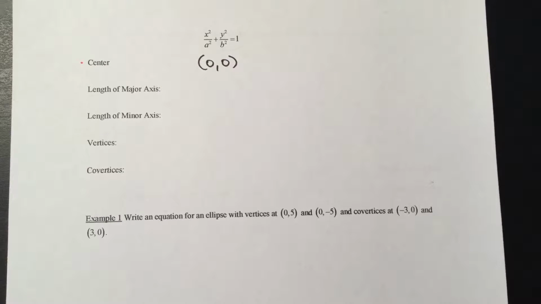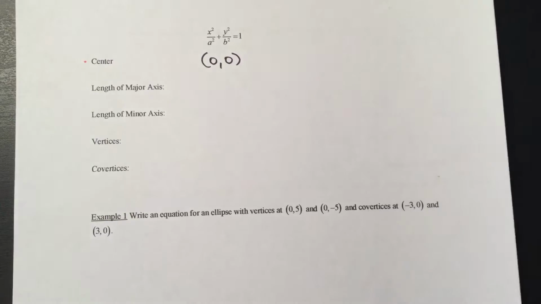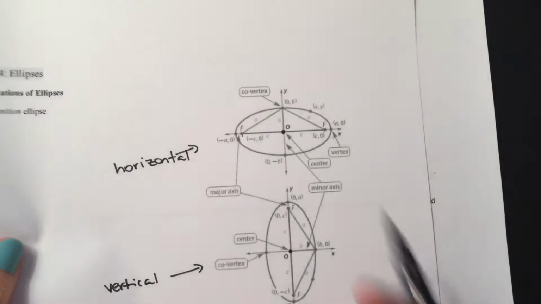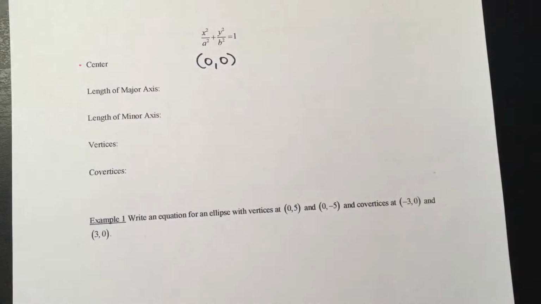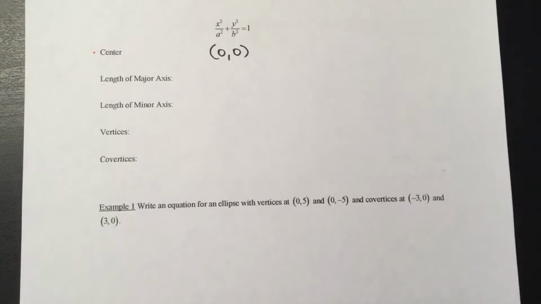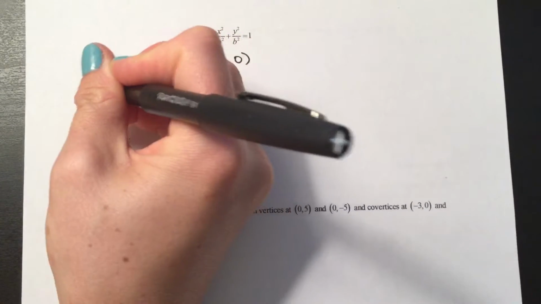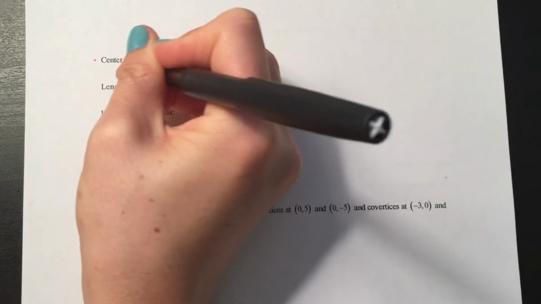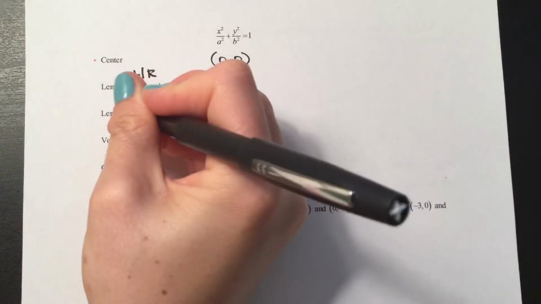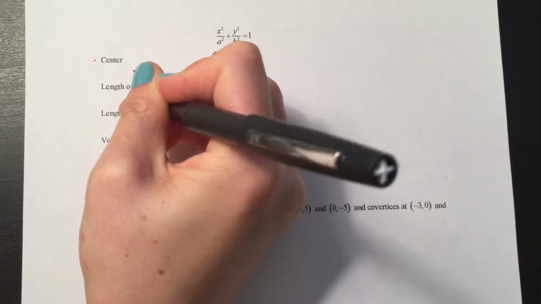Okay, so those are those 2 different things that you have right here. The major axis is the longer of the 2. The minor axis is the shorter of the 2. But I don't want you to think of it as being a major axis and a minor axis. I actually want to make a brief change to this. So let's say the length of the left and right axis, and then the length of the up and down axis.